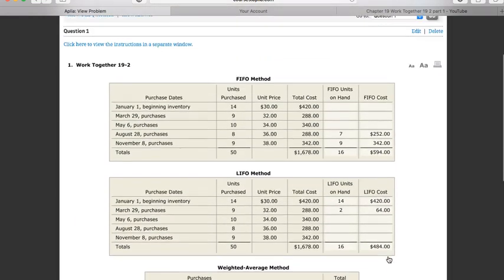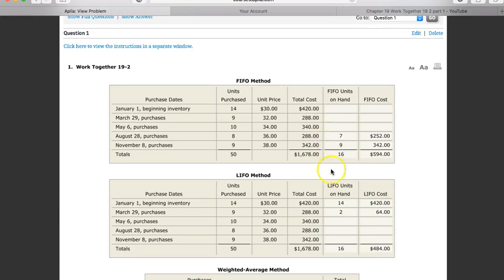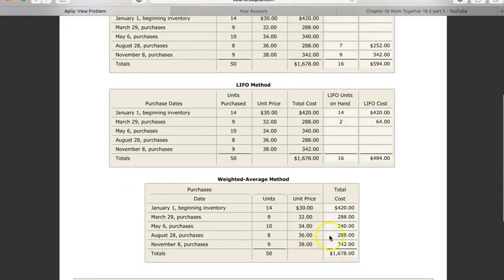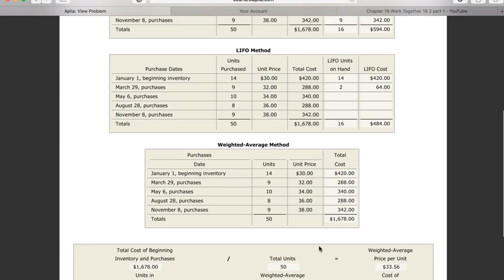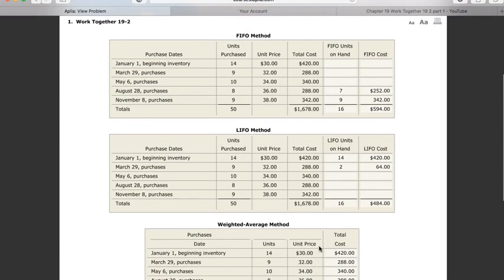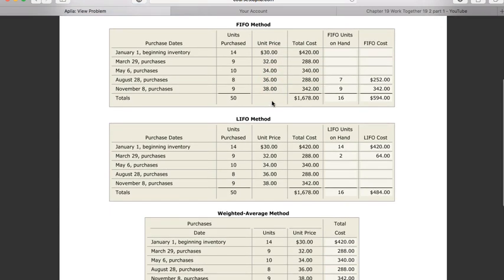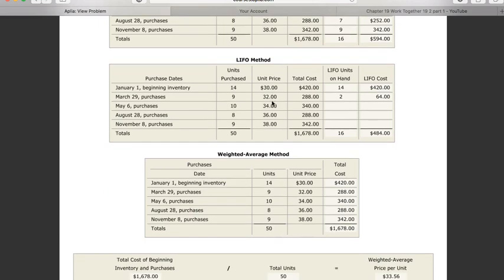Okay, so we have done our FIFO method, our LIFO method, and our weighted average method. And you'll see that in an economy when prices are rising, January they were 30, November they were 38, which is our economy for the most part, in first in, first out, your cost of ending inventory is more because you're multiplying times the higher prices.